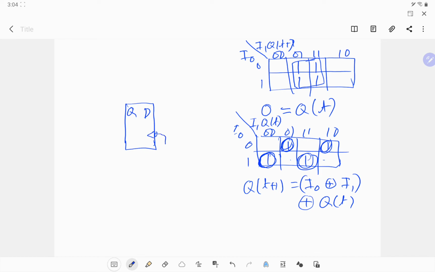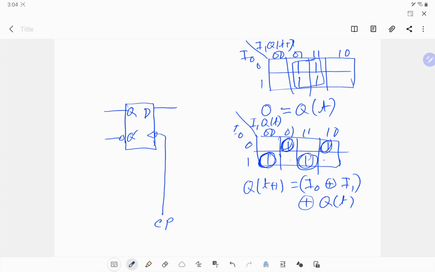Let's consider a negative edge triggered flip-flop, and this is Q prime. That's the flip-flop. You can observe that I'm actually drawing the flip-flop in reverse. On the right-hand side I put D, on the left-hand side I put Q. It is for drawing convenience, but if you do it the other way, that is also fine.